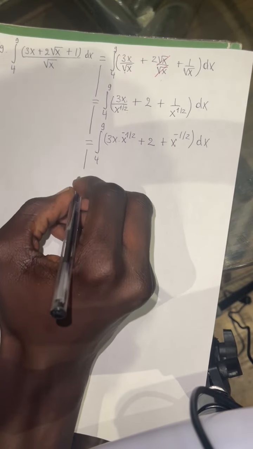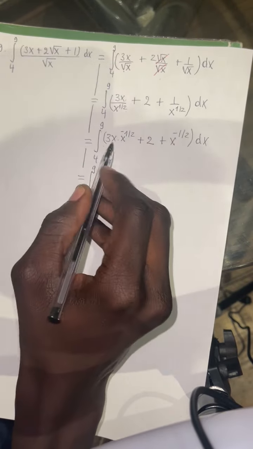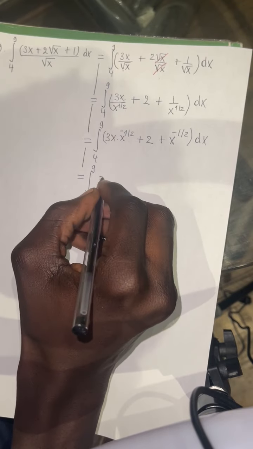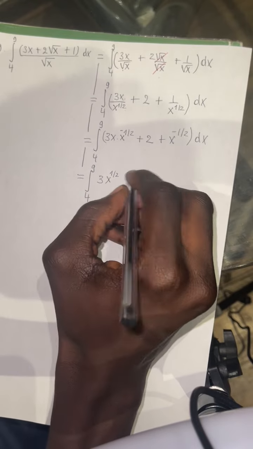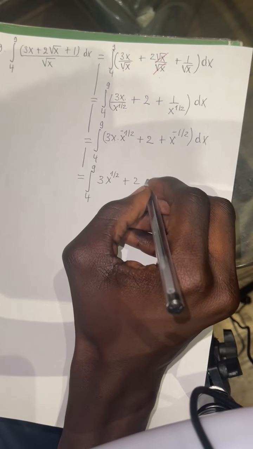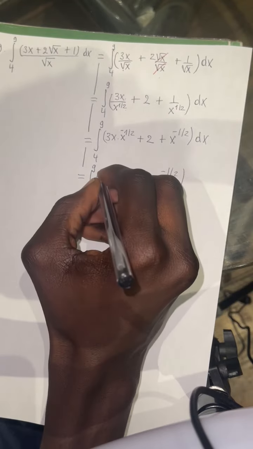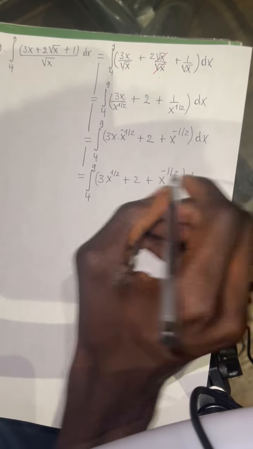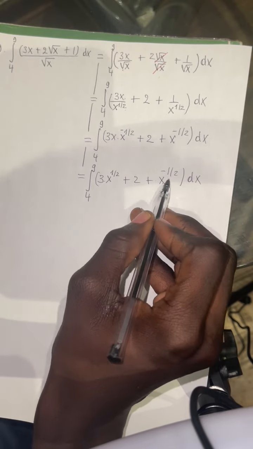Before we do the integration, we first simplify the equation. So we're going to have 3x to the 1 over 2 plus 2 plus x to the minus 1 over 2, like this. Please don't add this. You can't add them. This is positive and this is negative.